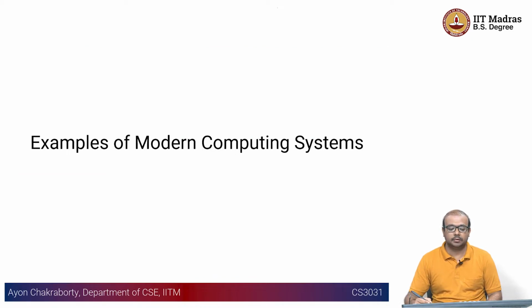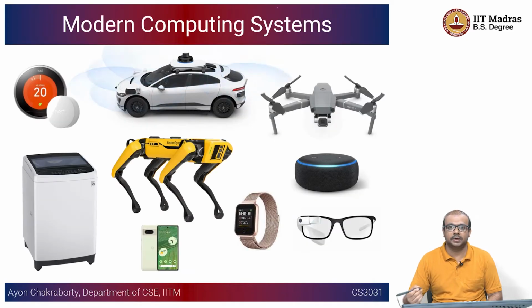Modern computing systems, as we see around, come as an array of various computers in action, and I have put some pictures of these computers that we always see around us in various shapes and forms. They are all heterogeneous devices. They are not really all the same, and I have deliberately not included the desktop PC or a laptop that you are already aware of.